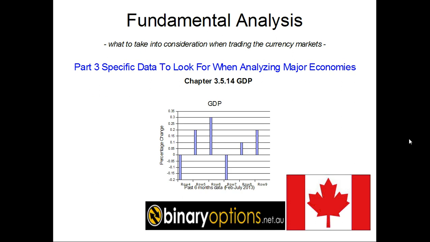Looking at the past 6 months worth of data for the GDP, starting with February till July on the horizontal and the percentage change on the vertical, in February we had minus 0.2%, then plus 0.2, so a strong pickup in March and April, 0.2, 0.3, only to reverse for May, but June and July tend to look good.